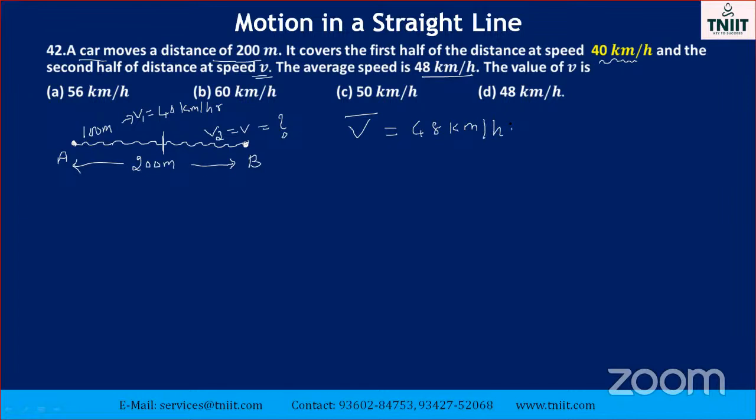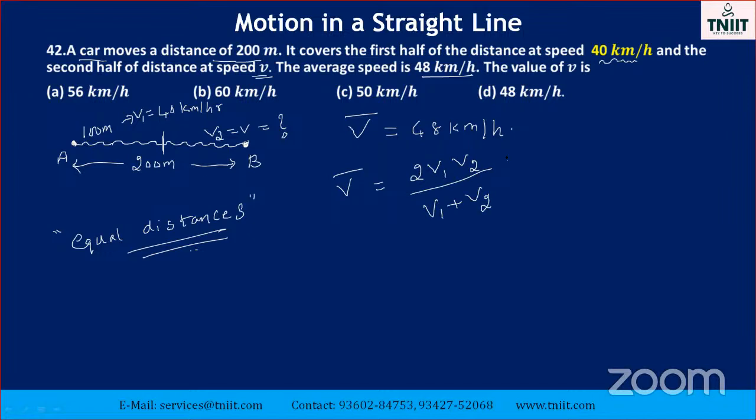Yes, students. To find the average speed, I have given one formula. Have you remembered? If the body covers equal distances, its average speed is given by the formula 2v1 v2 divided by v1 plus v2.